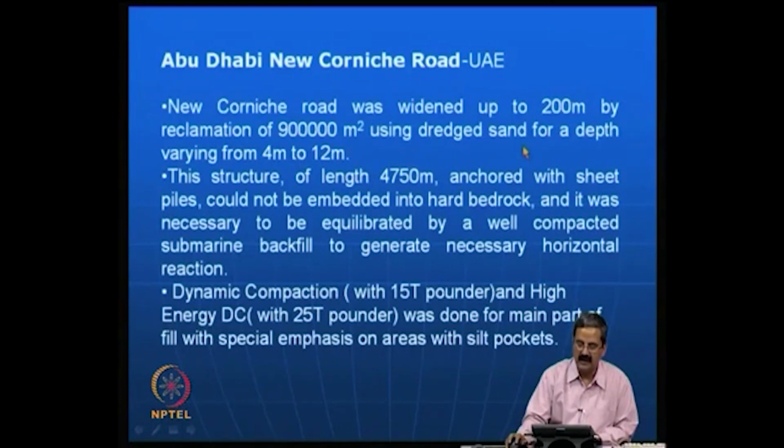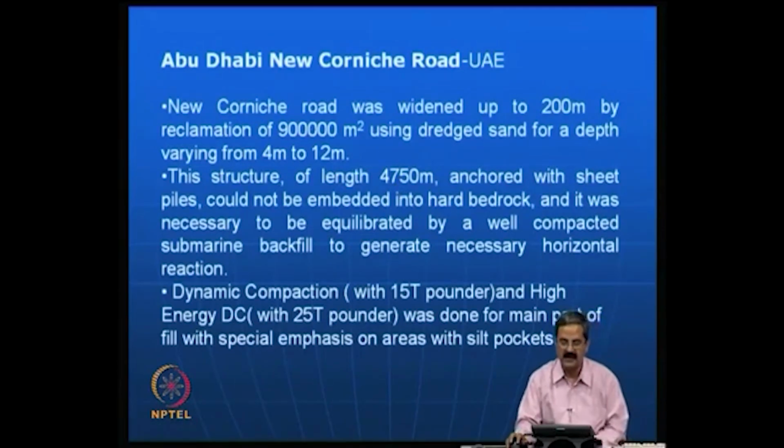They got the sand from some places and filled up to 4 to 12 meters. The length of the structure is about 4.75 kilometers, and it should have been anchored with sheet pile walls, but it could not be embedded into hard rock, so it was necessary to be equilibrated by a well compacted submarine backfill to generate the necessary horizontal reaction.